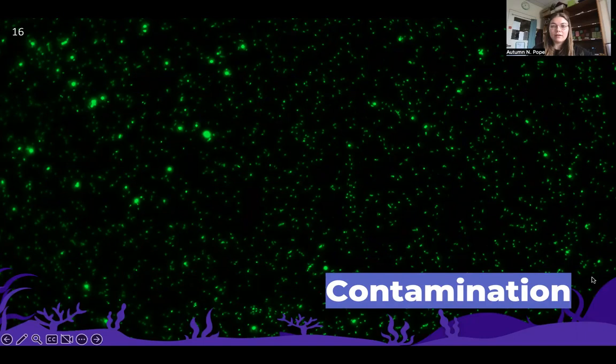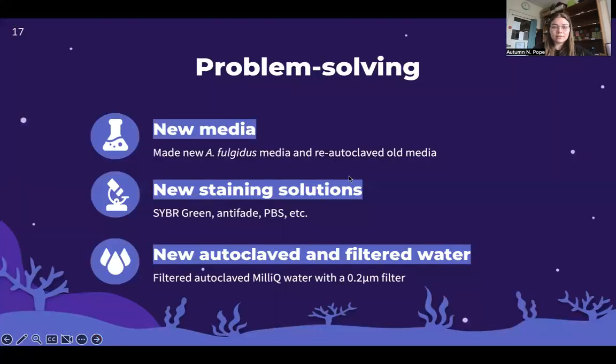So I've been working since to figure out where that contamination is coming from. I made different kinds of media. I tried growing different microbes. I tried making new media for that specific microbe, new media for my microbe. I did all kinds of things with media.